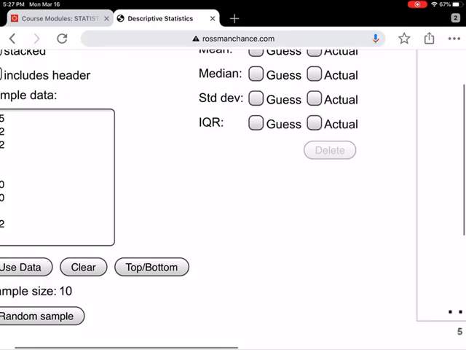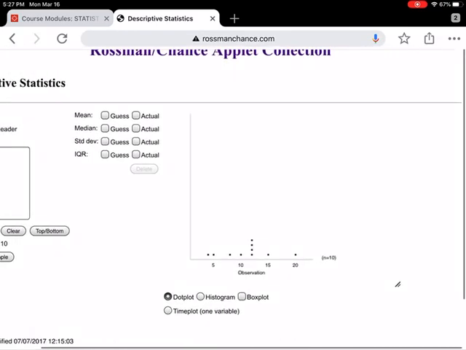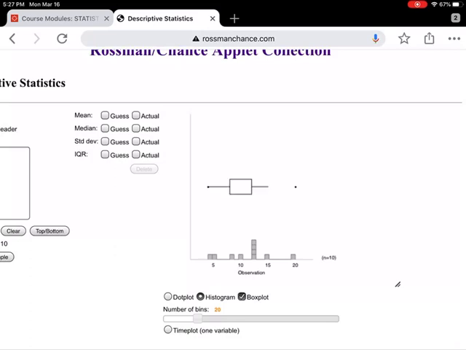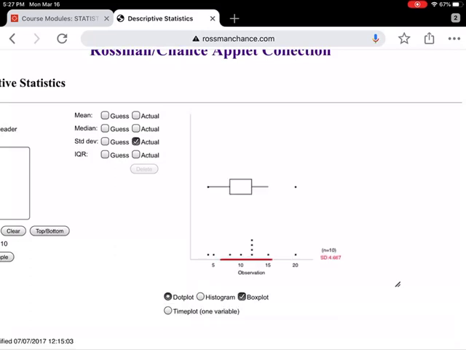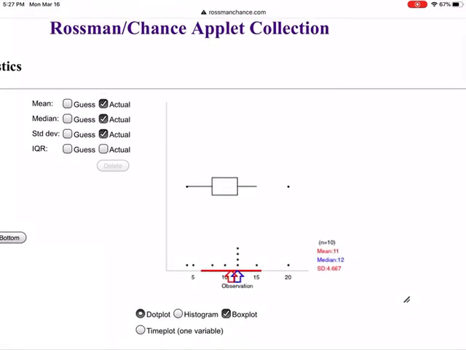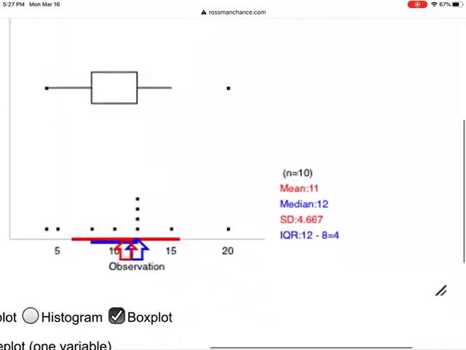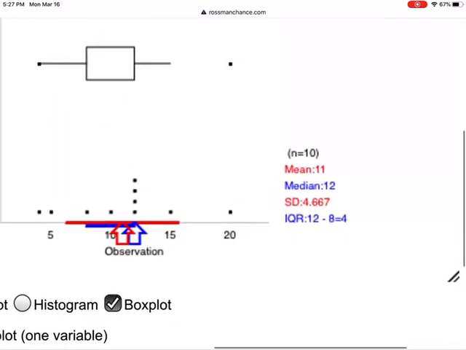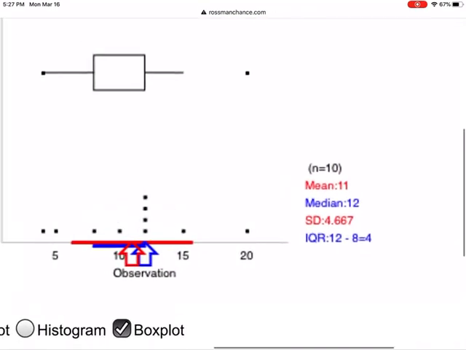I'm going to use that data, and we've used this before to make a dot plot. You can also make a histogram or a box plot. But what I want to use it for this time is to find the standard deviation. So if I click this actual box, I can find the mean, median, the interquartile range, and the standard deviation. That's really handy.